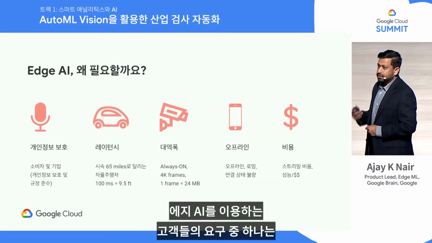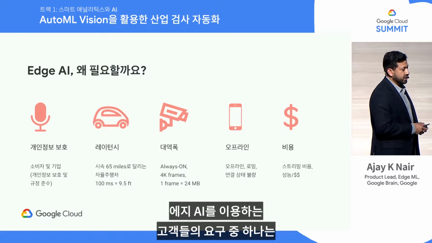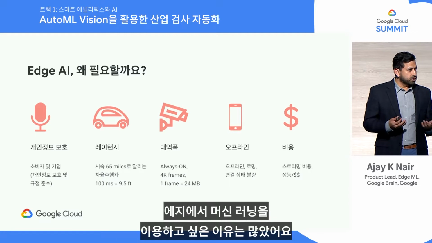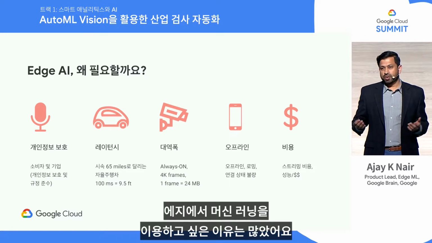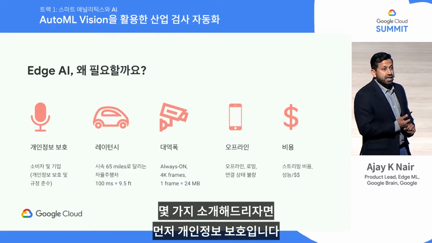So one of the key requests from customers that led to the Edge AI is the use cases. So customers came to us and said there are many reasons why they want machine learning at the edge. I'm showing a few of those here. One is privacy.